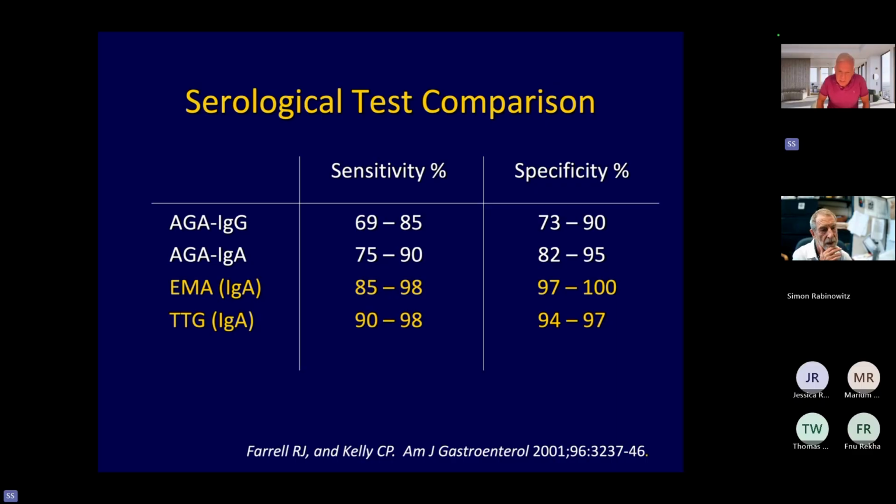Far more sensitive and specific are the anti-endomysial antibody and the TTG antibody. Both of these can be expressed as IgA and IgG, although we first look at the IgA antibodies, where the sensitivity and specificity approaches 100%.